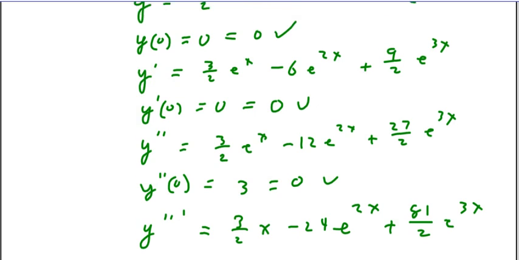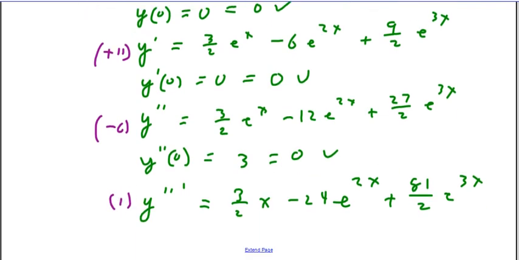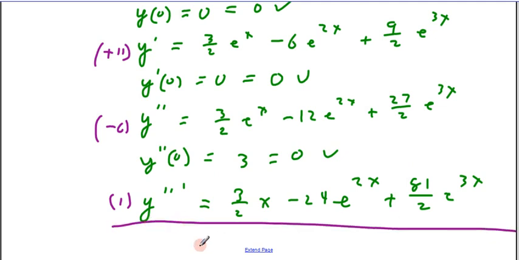Okay, now can I see all of those at the same time? Almost. I can almost see all of them at the same time. All right, so I'm supposed to have minus 6 of these guys and plus 11 of those guys and minus 6 of them and 1 of these guys, and when I get done I'm supposed to be 0.